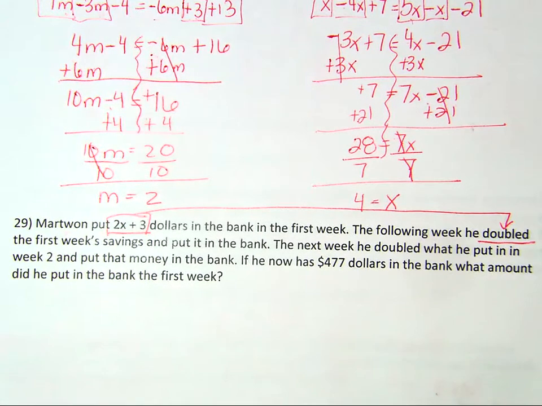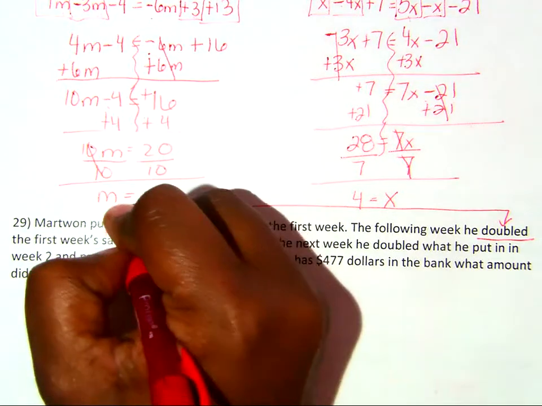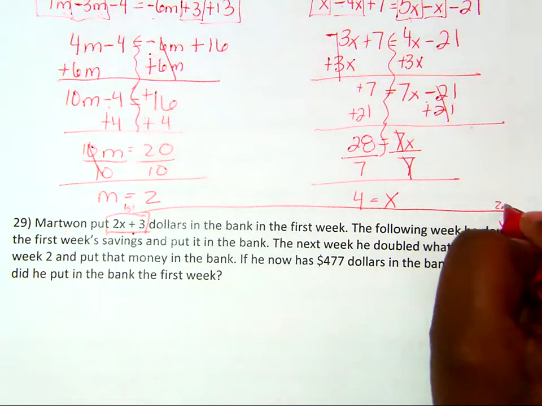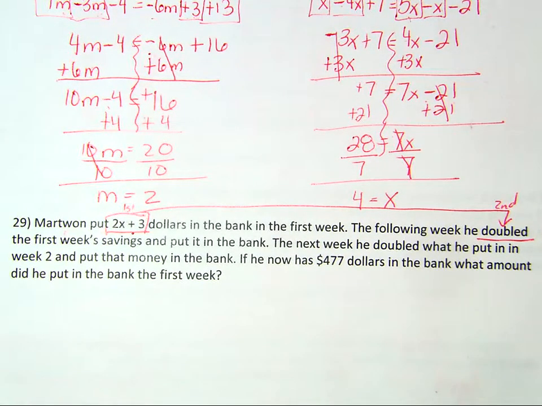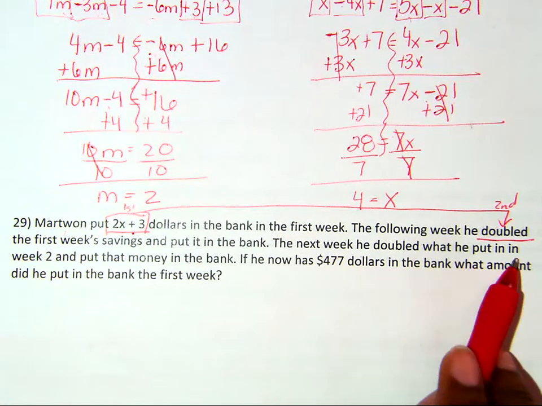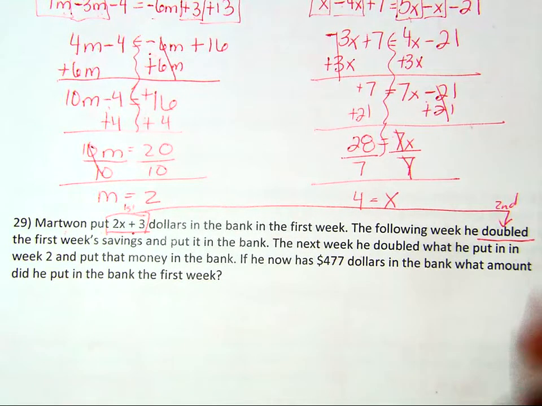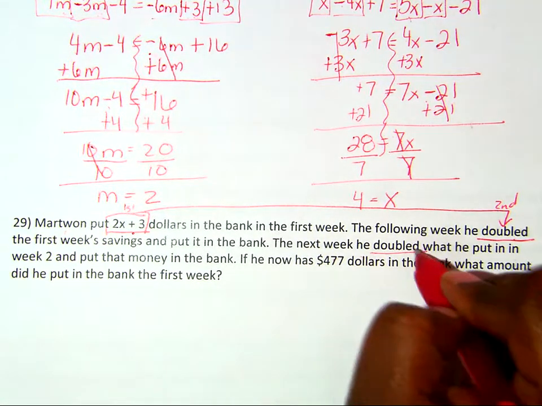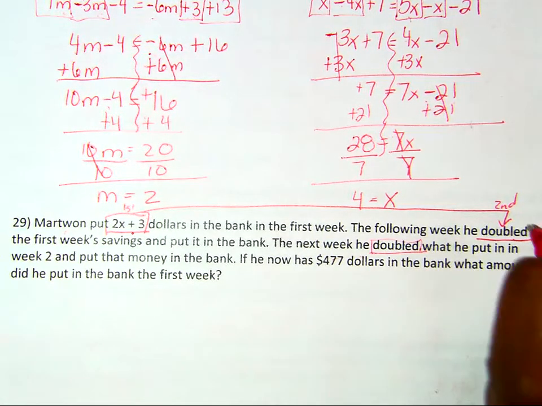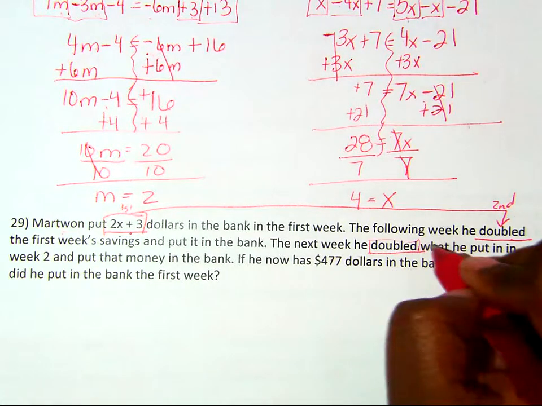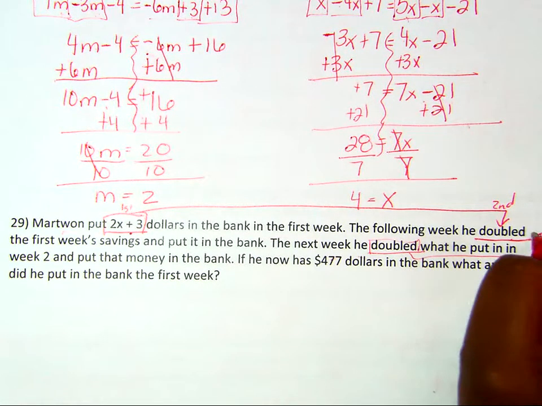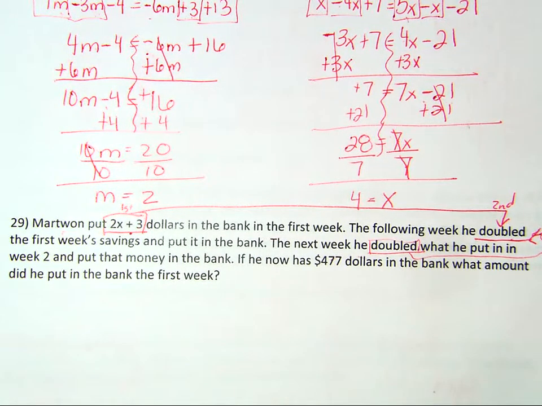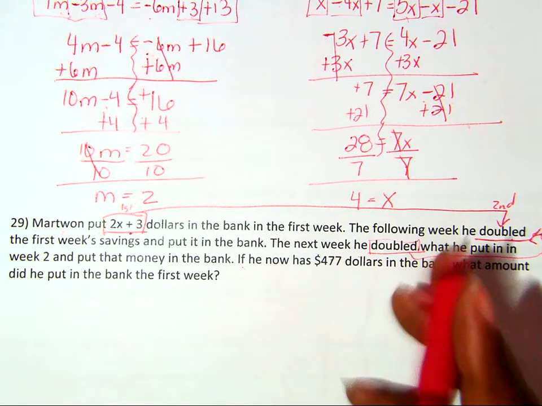The next week he doubled what he put in week 2. So, wow, he doubled whatever you put here. And he put that in the bank. If he now has $477 in the bank, what amount did he put in the first week?